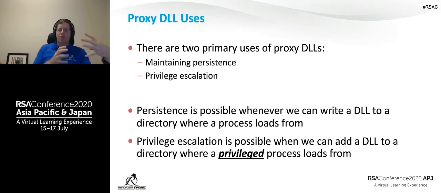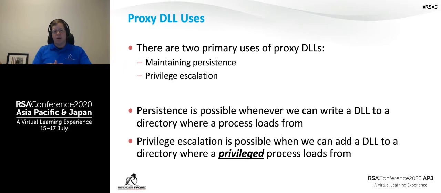So I want to talk about how we use a proxy DLL. There are two main ways that we use it. Now, obviously, there are other ways that you can use proxy DLLs, but one is maintaining persistence. So this is a big deal for us, right? I just talked about the fact that I want to maintain persistence, but I also know that with persistence, I have the downside that I'm leaving something behind on the system.